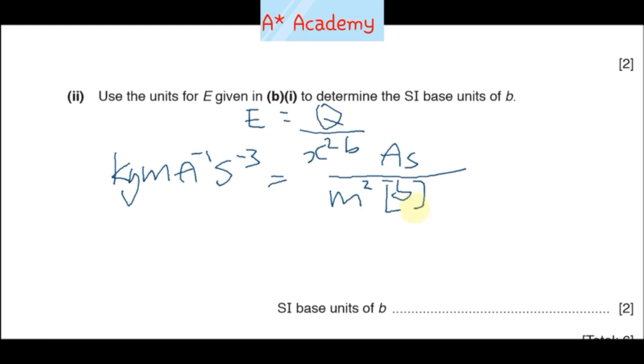Right, to get the units of B, all we need to do is some algebraic manipulation. So the units of B are going to be given by this expression. But that's a minus 3 right there.